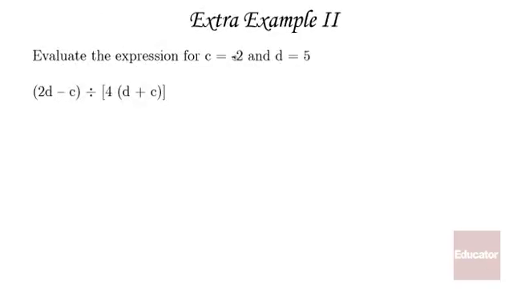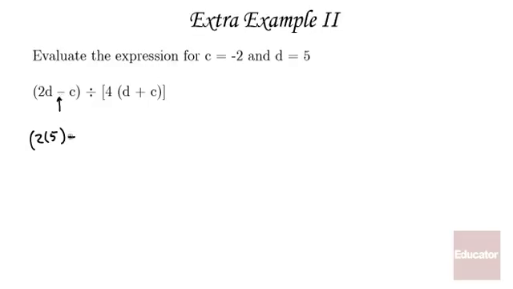Let's look at an example with substitution. So I have 2d minus c divided by 4 times the sum of d and c. And we're going to be substituting c equals negative 2 and d as 5. Let's go through and rewrite our problem first. Be careful here that we have a double negative.